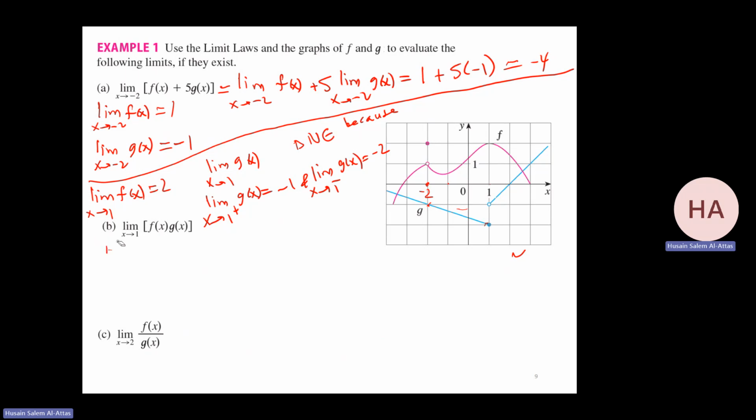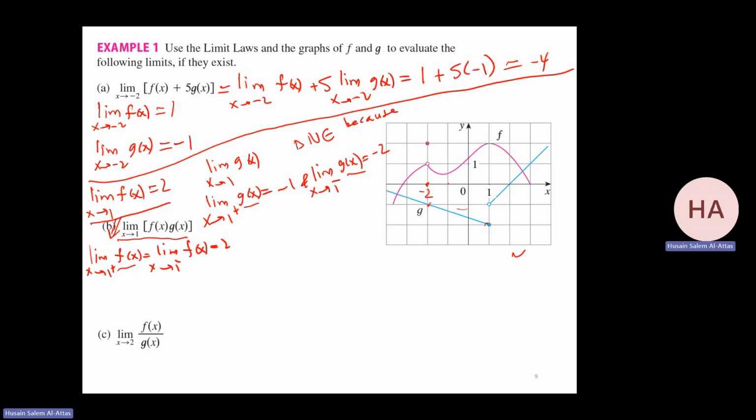Since I know that the limit as x goes to 1 of f of x is equal to 2, that means the limit as x goes to 1 from the right should equal the limit as it goes to 1 from the left, equal to 2. Since the limit exists, it means from right and left should be the same. So I know the limit as x goes to 1 from the right for f of x, and for g of x, and the same thing from the left for f and g. Then I can use this information to try to find the limit of this one.